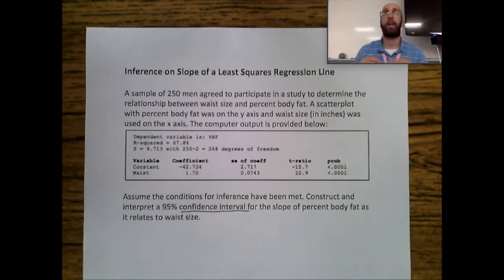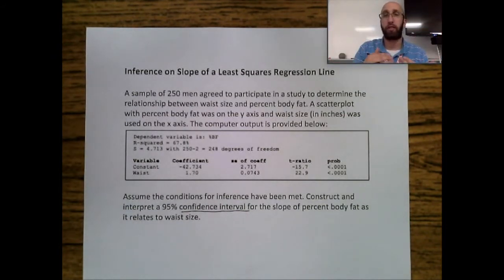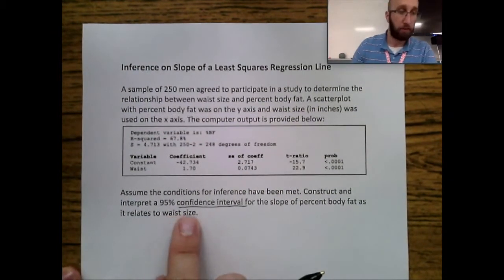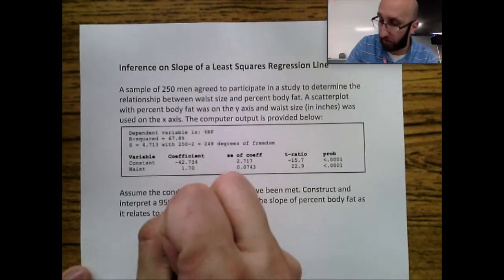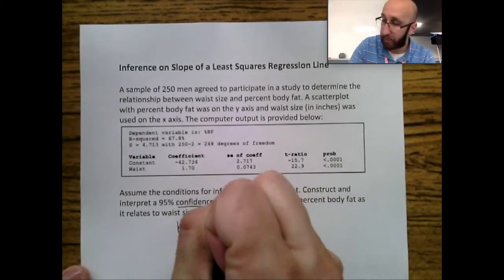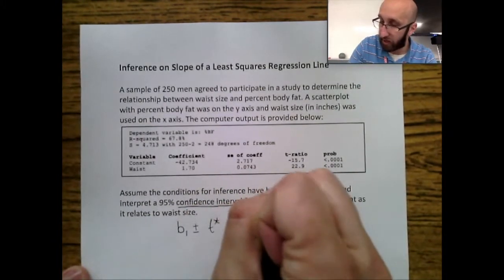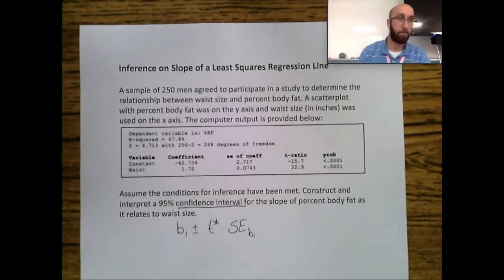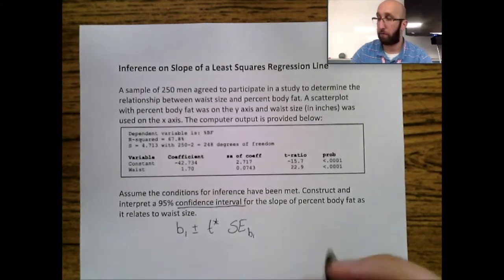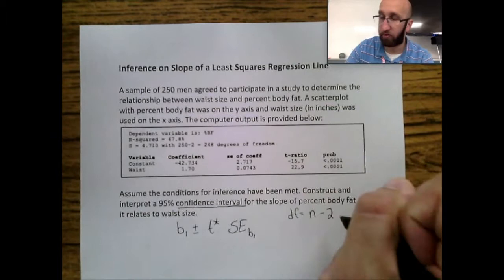It's trying to estimate, if I had that information for the entire population, what the slope of that line would be. So for a 95% confidence interval, the formula is b1 plus or minus t star times the standard error of b1. With t, we need degrees of freedom, which is n minus 2.